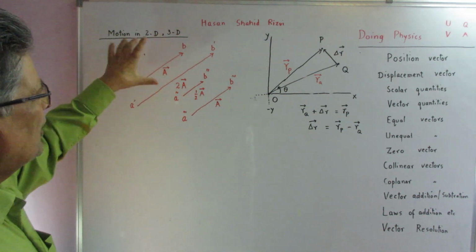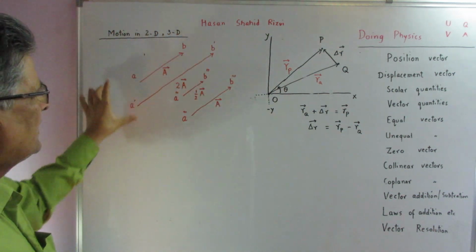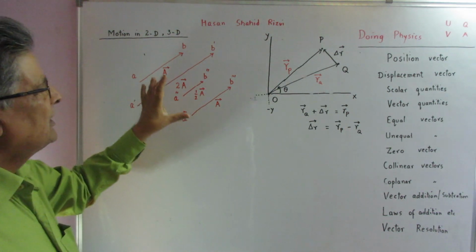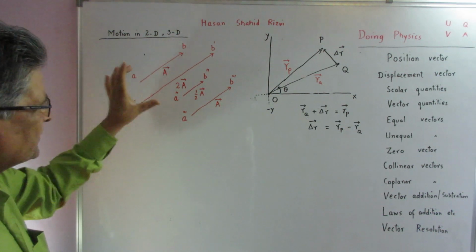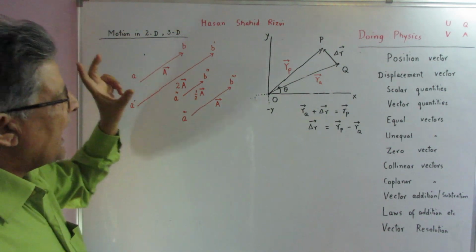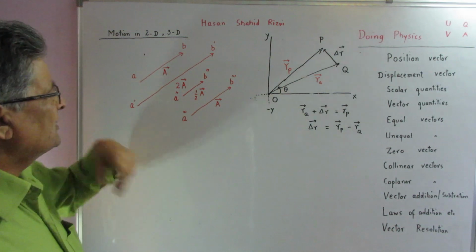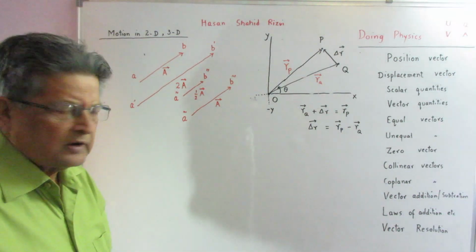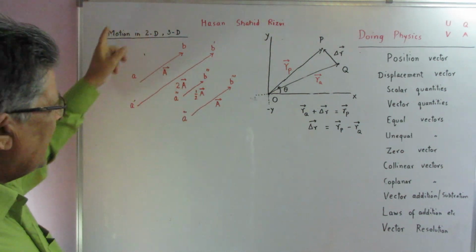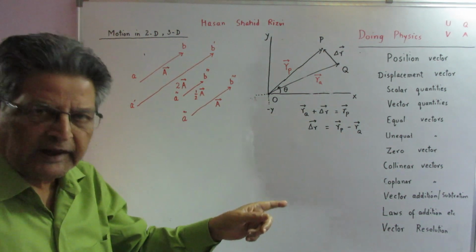For example, all of these vectors are displacement vectors. All of these vectors are velocity vectors. All of these vectors are momentum vectors. All of these vectors are acceleration vectors, force vectors, or whatever the definition of the vector, in the same set of units and defined in the same plane.